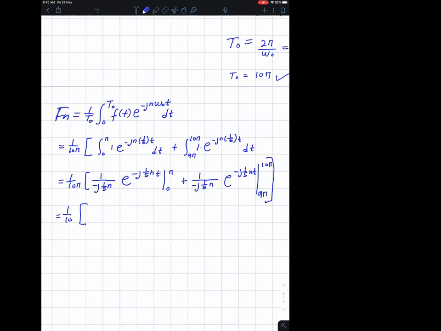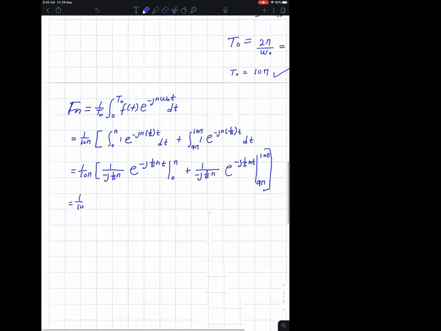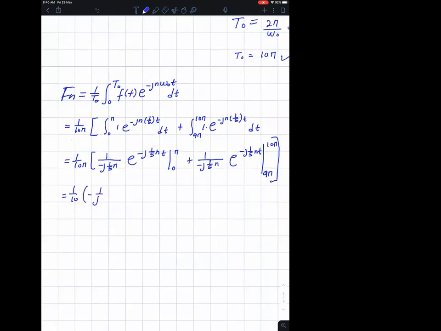Okay, if you want to simplify the algebra, before you substitute numbers, you can just factor out the minus 1 over jn. We can factor this out for both sides.